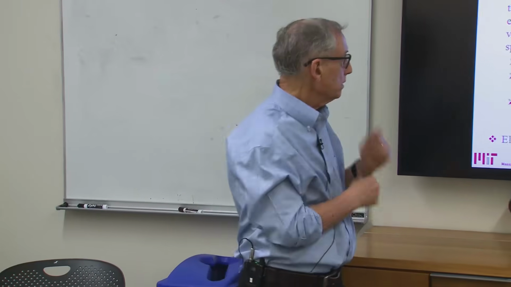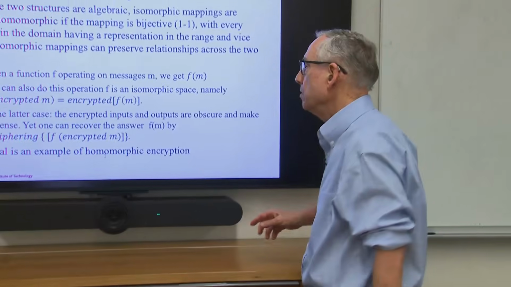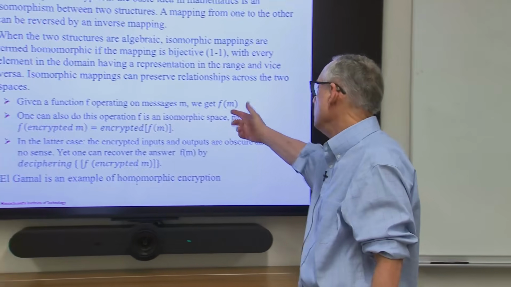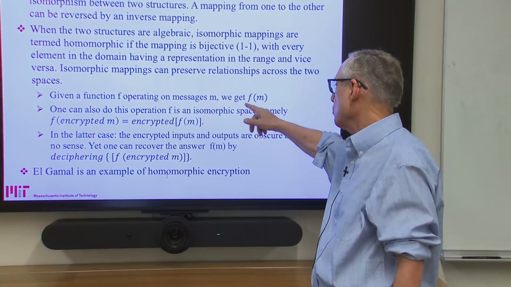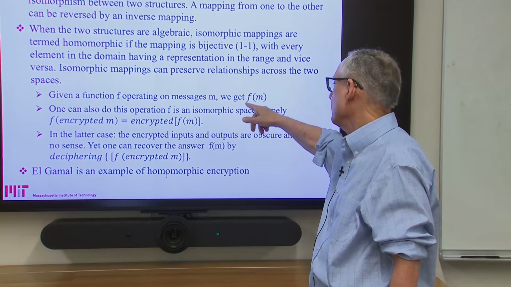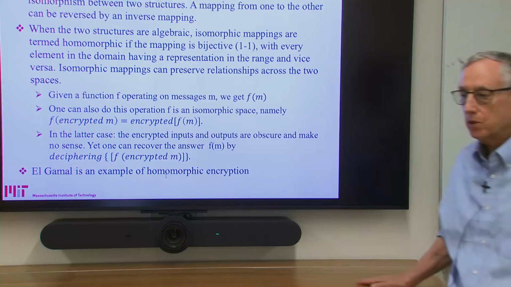and preserve the outcome. In particular, in terms of notation, we have, say, a message little m, and the mechanism design problem wants to operate on it with a function f, like a risk-sharing contract or whatever.